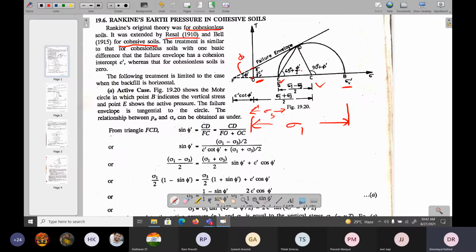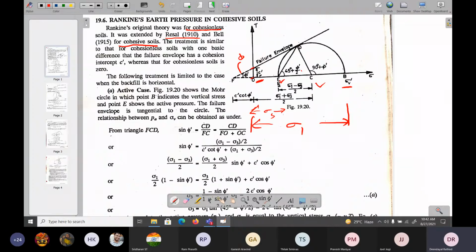Now coming to this one, this is the Mohr circle for the active case. Point B indicates the vertical stress and point E indicates the active pressure. The failure envelope is tangent to the circle.